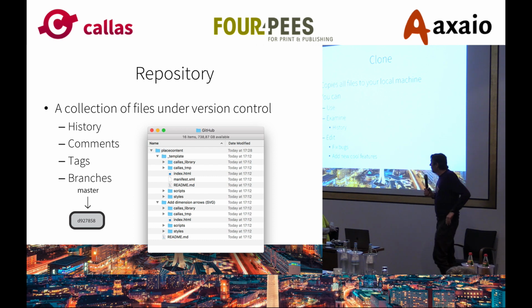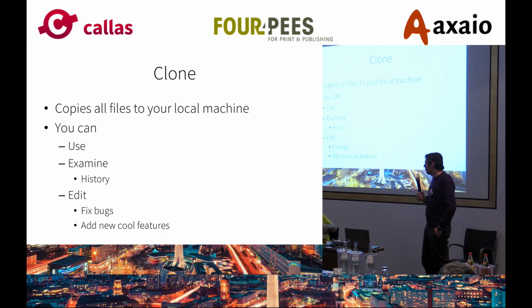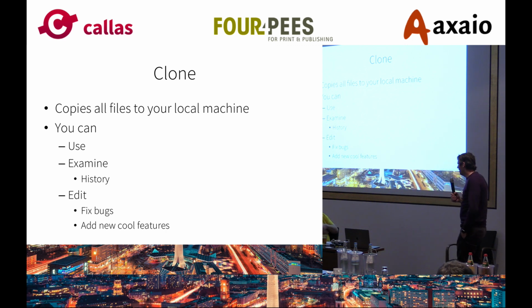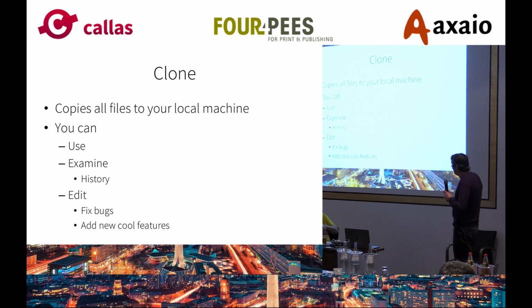So what can you do with a repository? You can clone a repository. And the name is actually not very badly chosen, so it actually does what you normally understand under cloning. So it will create an accurate copy of the state of the repository on your local hard disk, for example. You can use just all the files.